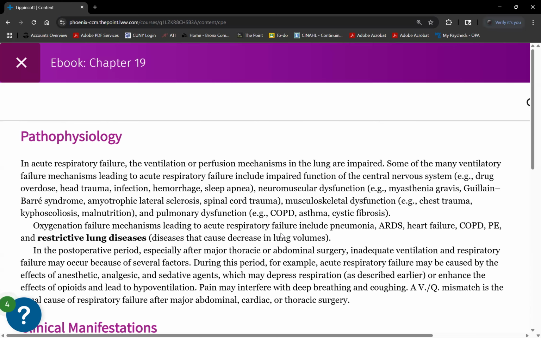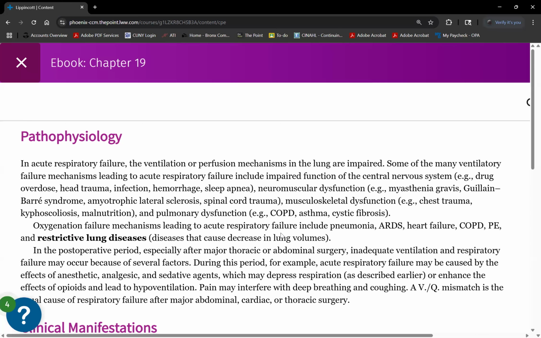Is oxygenation and ventilation the same? No. Gas exchange or oxygenation is the actual exchange of gases via diffusion, correct? At the alveolar capillary level. That's oxygenation. That's gas exchange. Ventilation is what? What is ventilation? That's a ventilator, a fan.